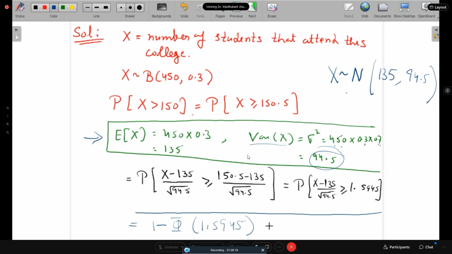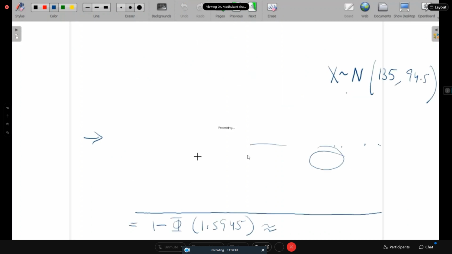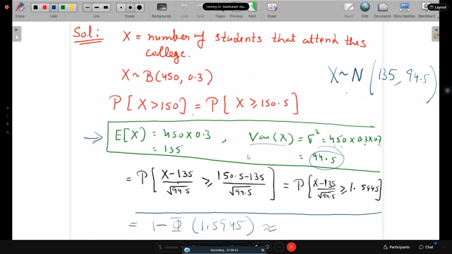You can approximate that using the normal table. The value from the table is 0.9441, and that gives the final answer. See how simple life is now by using the normal.